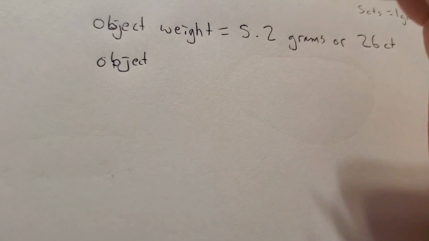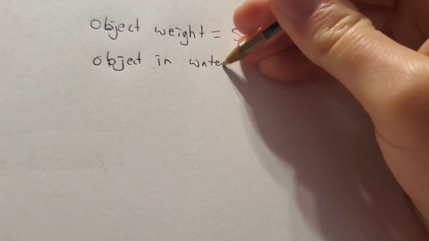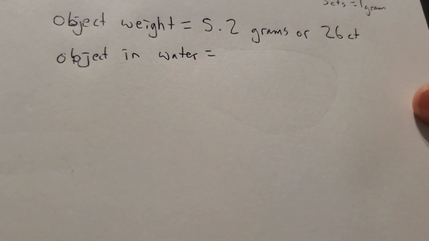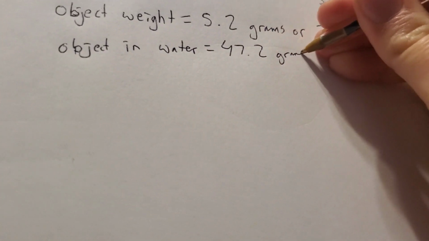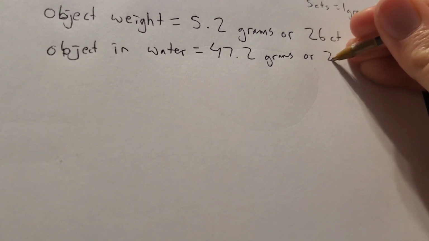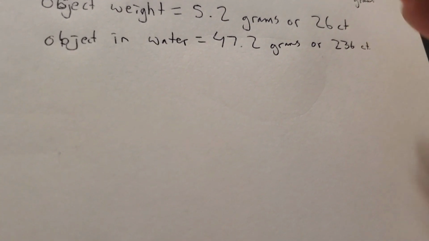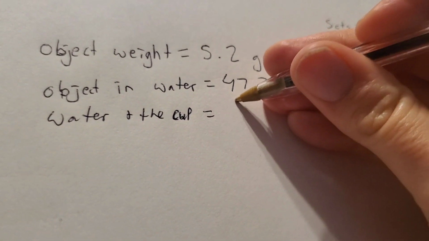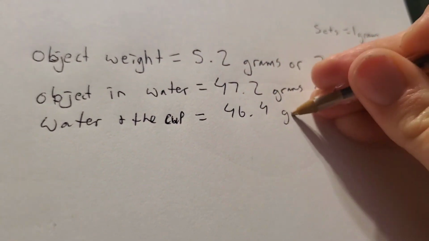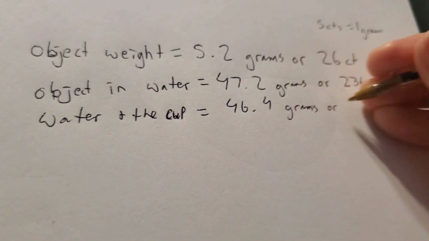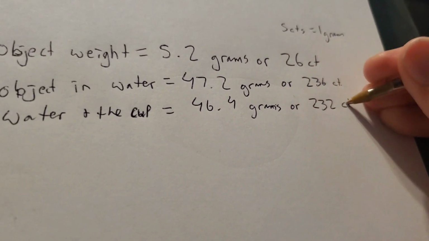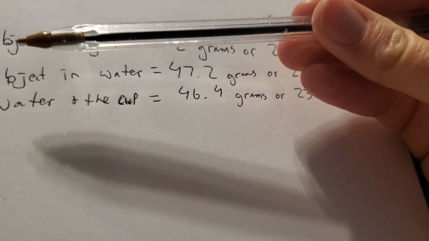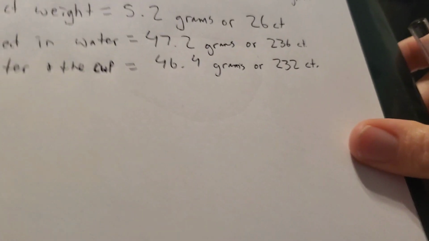If you've got the object in the water, the weight of that was 47.2 grams, or 236 carats. The water in the cup weighed 46.4 grams, or 232 carats. But you really don't need to do this if you just tare the scale off.